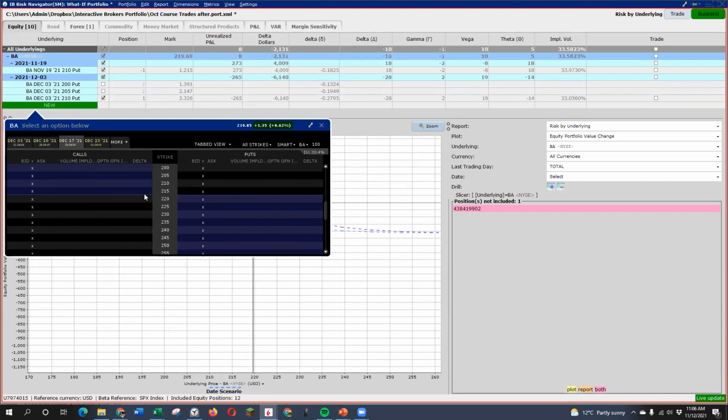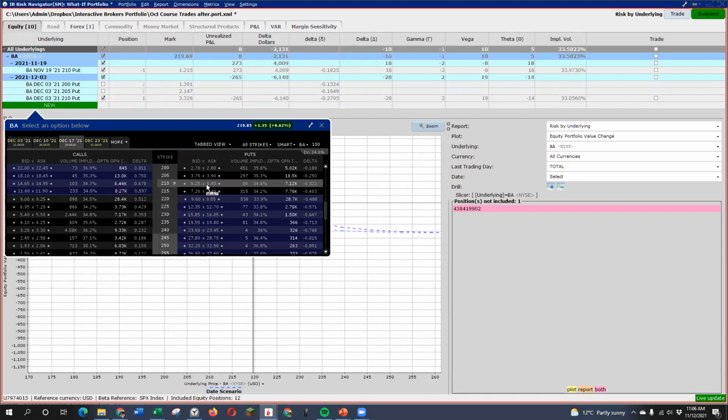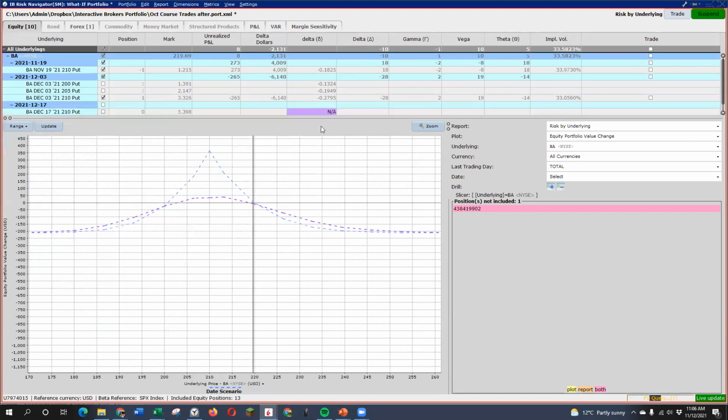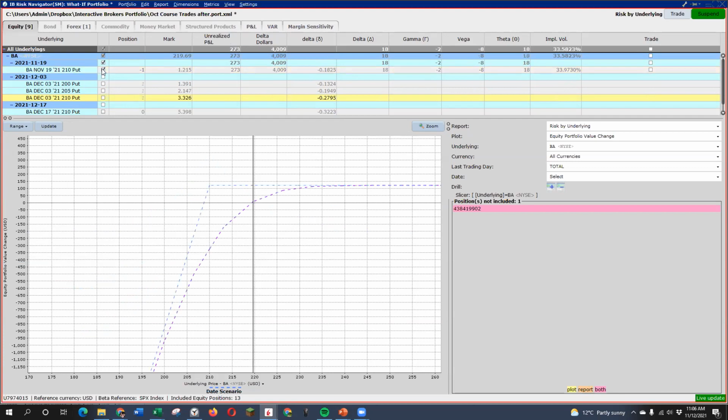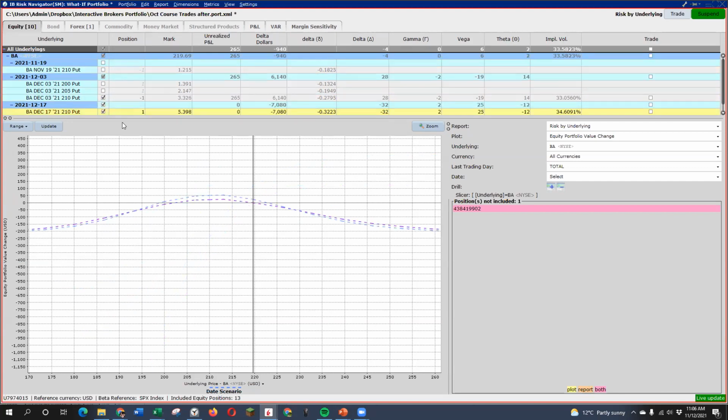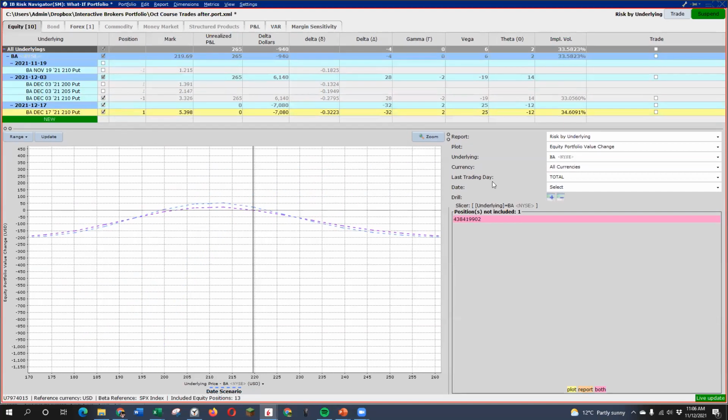So we'd go out another 2 weeks and add a 210 put. So we'd close this one out: we'd buy this one to close, sell this one to close, gets rid of that. And then we'd sell the same one and buy further out in time. So basically just rolling out another 2 weeks, and that would be our new expiration dates.